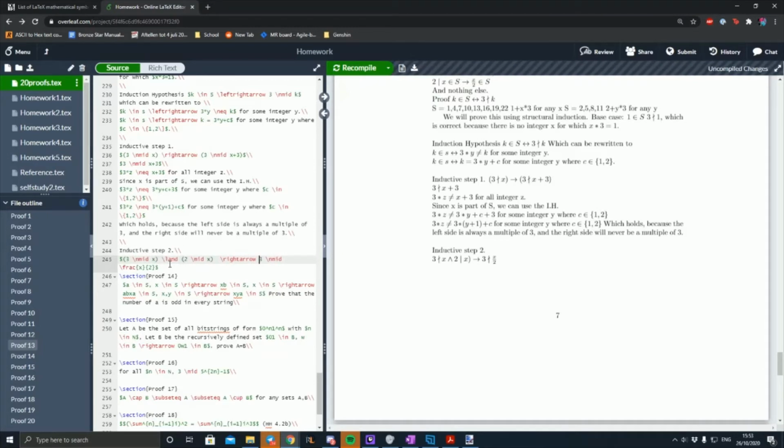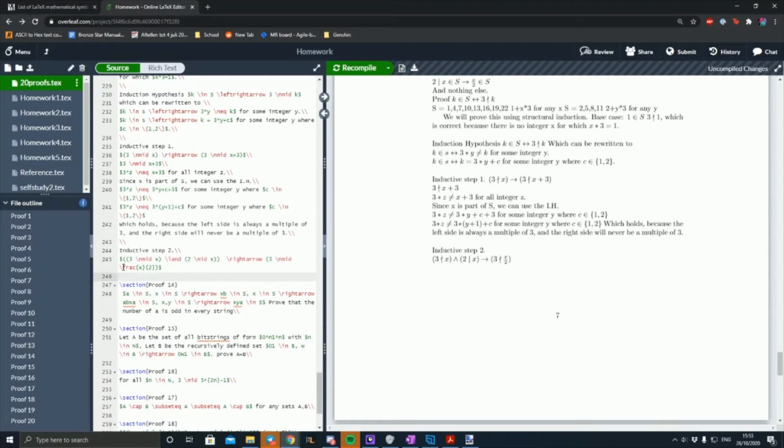Then 3 does divide... I'll add one more pair of brackets. Okay.